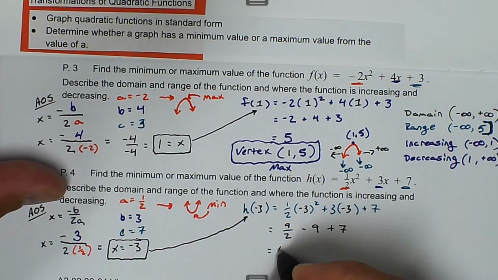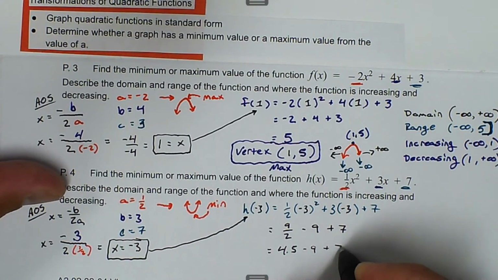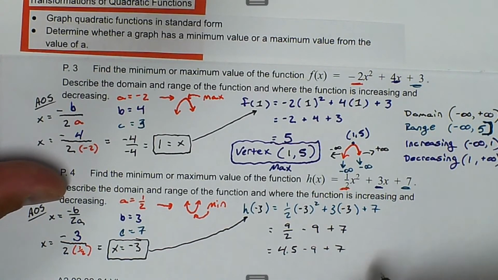So this is equal to 4.5 minus 9 plus 7. And what we get is 2.5, which is equal to 5 over 2.